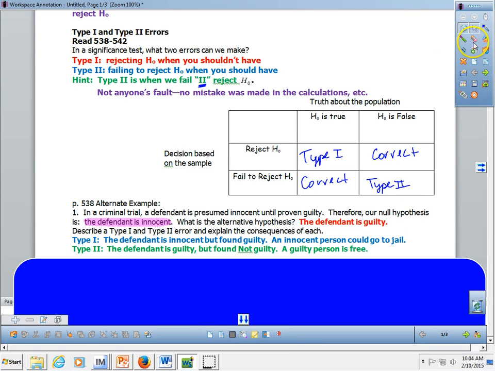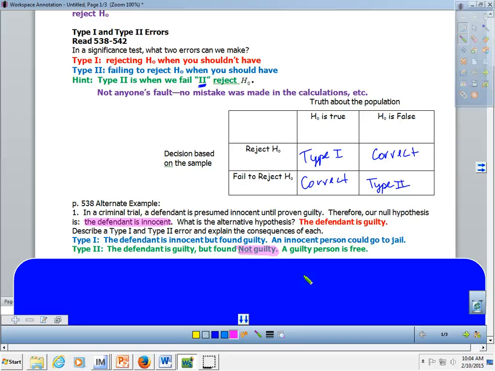Okay. Now, the connection I was trying to make before is the defendant is guilty but found not guilty, and that's the reason why very often in jury trials when the verdict is handed down, they will say guilty or not guilty, rather than innocent. Because again, we're never going to accept the null hypothesis.